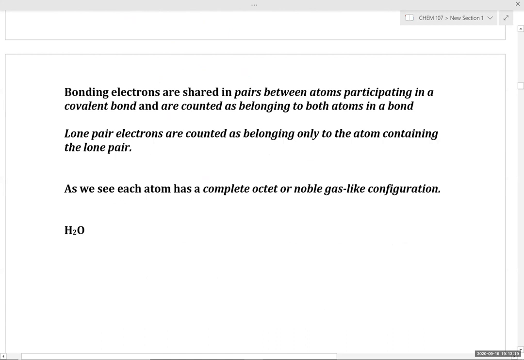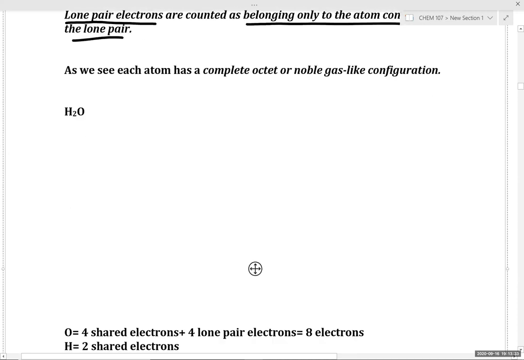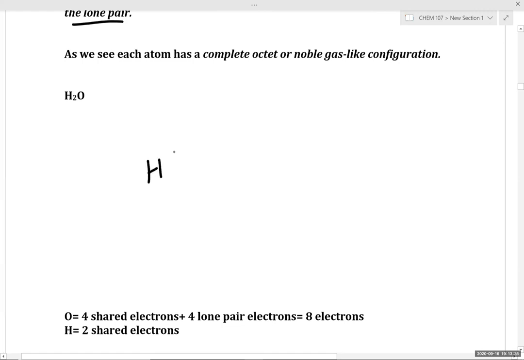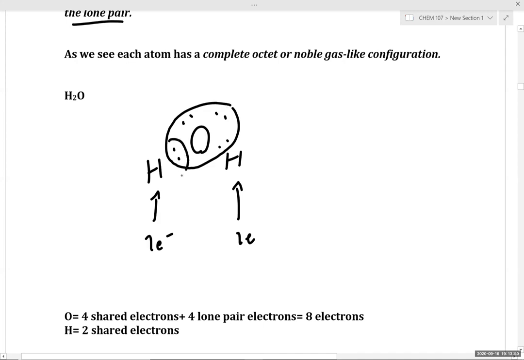And now bonding electrons are shared in pairs between atoms and are counted as belonging to both atoms. Lone pair electrons are counted as belonging only to the atom containing the lone pair. So as we look at water, for example, just to make this water example as explicit as possible, the hydrogens have 2 electrons to their name, while the oxygen atom has 8 electrons to its name.